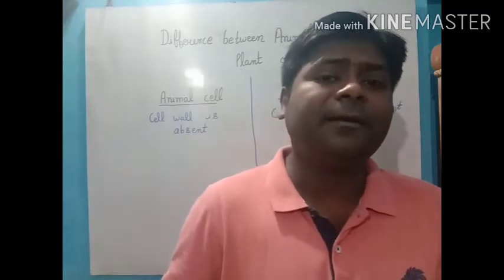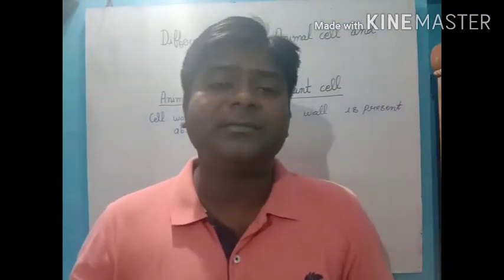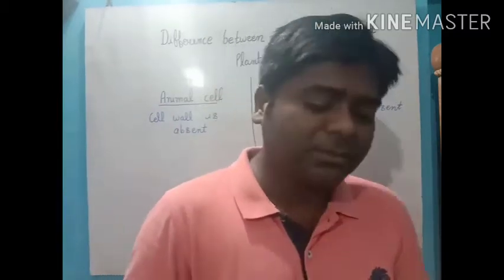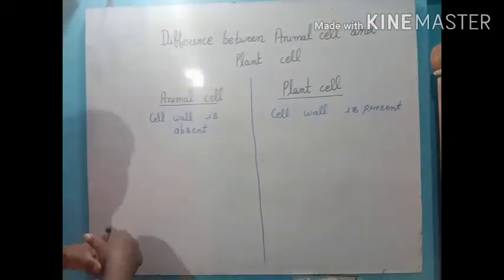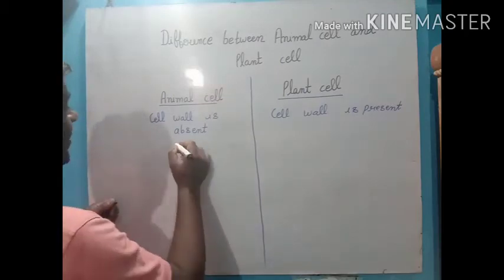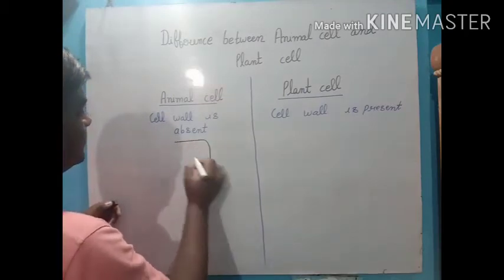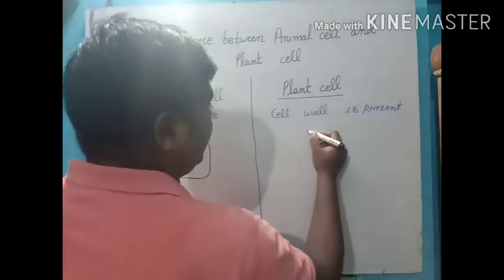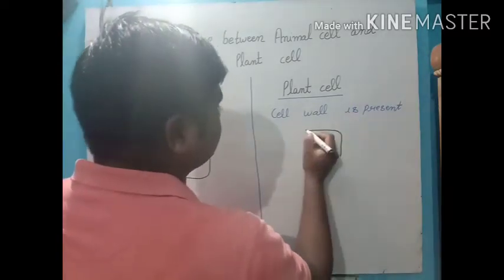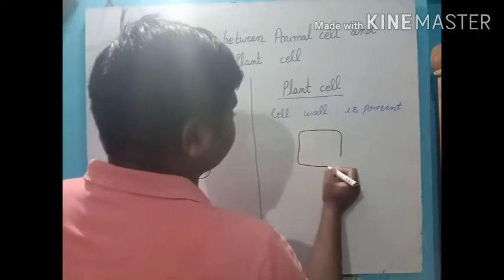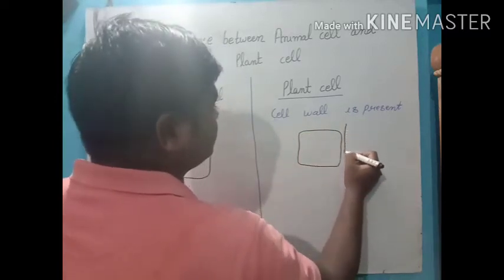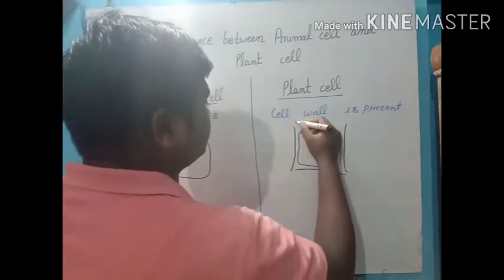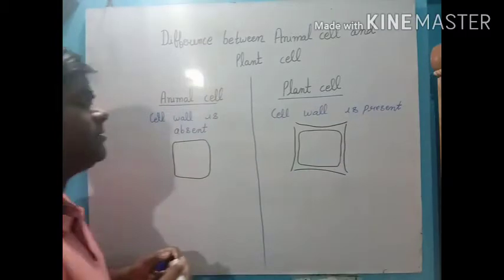Let's make the diagram one by one. We'll discuss other points and we'll frame all points into the diagram. When we have animal cell, this is the boundary, and here is also this is the situation.